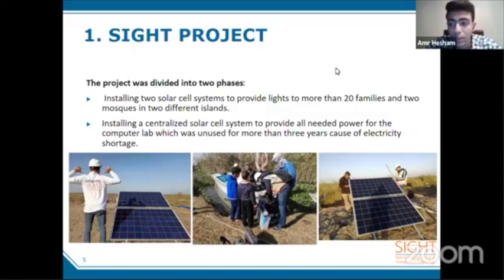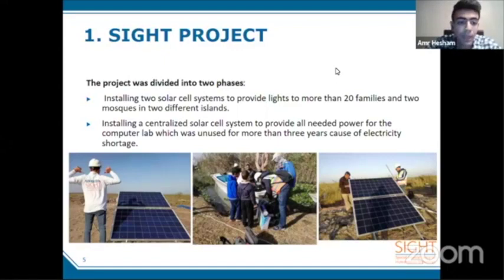It was called Entamnawar, a humanitarian project sponsored by the Humanitarian Activity Committee. The first phase was installing two solar cell systems to provide lights to more than 20 families and two mosques in two different islands without electricity.